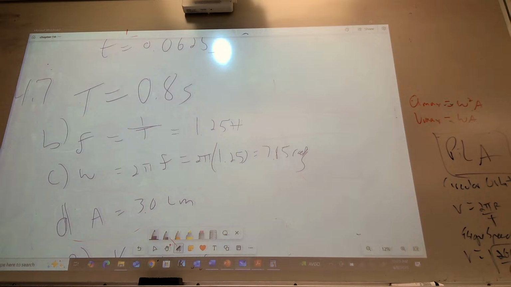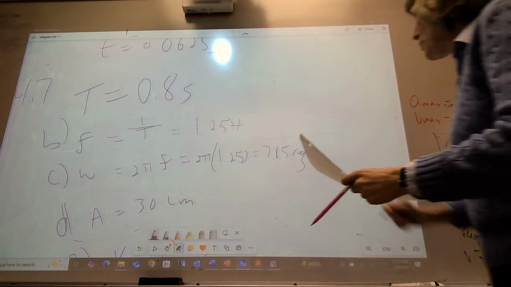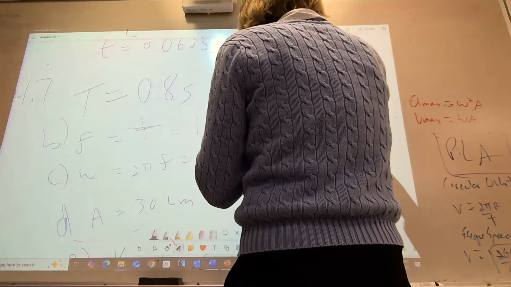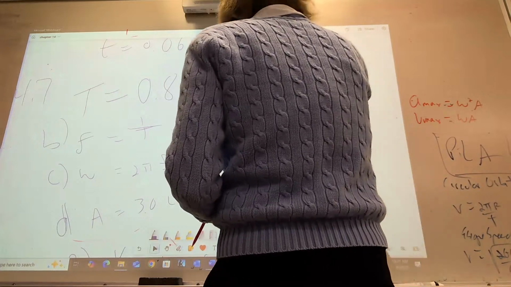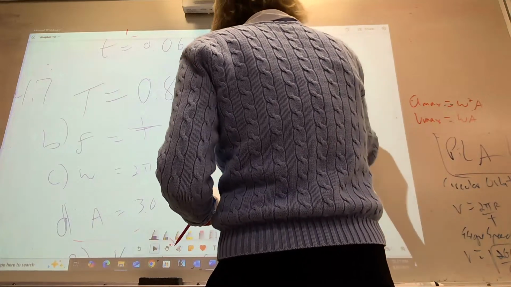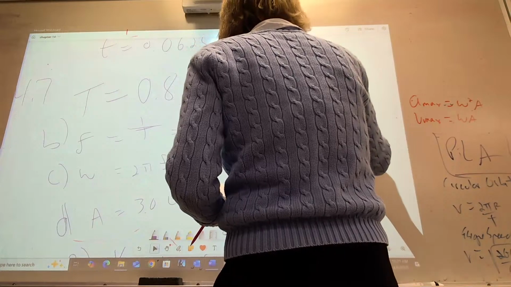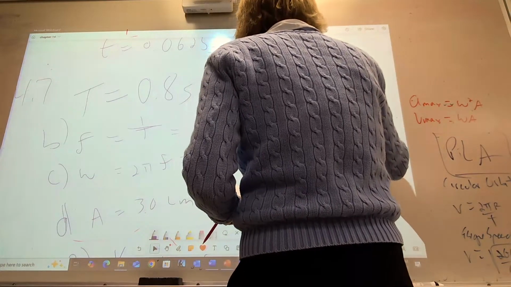So we have our equation. The period is equal to 2 pi square root m over k. So you have to square both sides of this equation to isolate your k. So you get period squared equals 4 pi squared m over k.